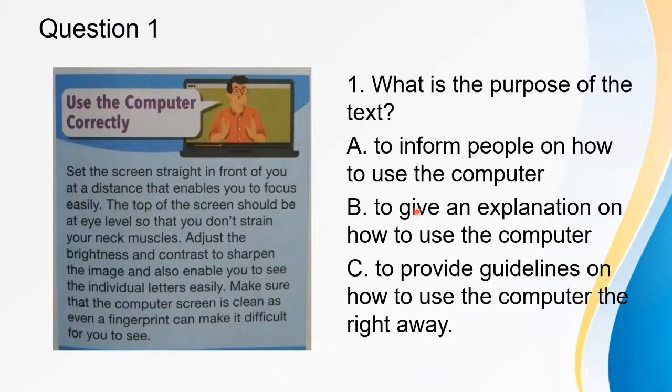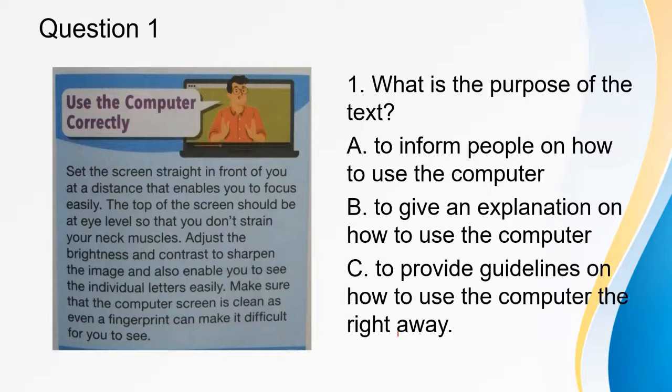B, to give an explanation on how to use the computer. Do you think the text is talking about the explanation on how to use the computer? No, right? Then we look at C. To provide guidelines on how to use the computer the right way. Sorry, you have to do some correction here.